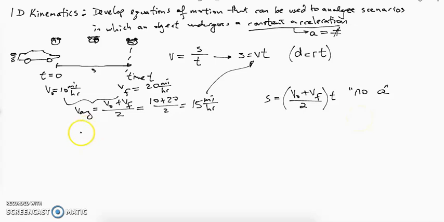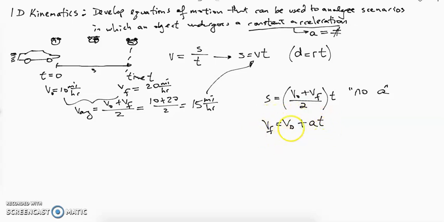Now in my other video where we did some graphical analysis, we also have the other kinematic equation of vf equals v0 plus at, where we found the slope of a velocity-time graph. The slope of the velocity-time graph is the acceleration, and then we could rearrange it into y equals mx plus b form, where vf is on the y-axis, v0 is where the line crosses the y-axis, a is the slope, and then time is the horizontal variable.